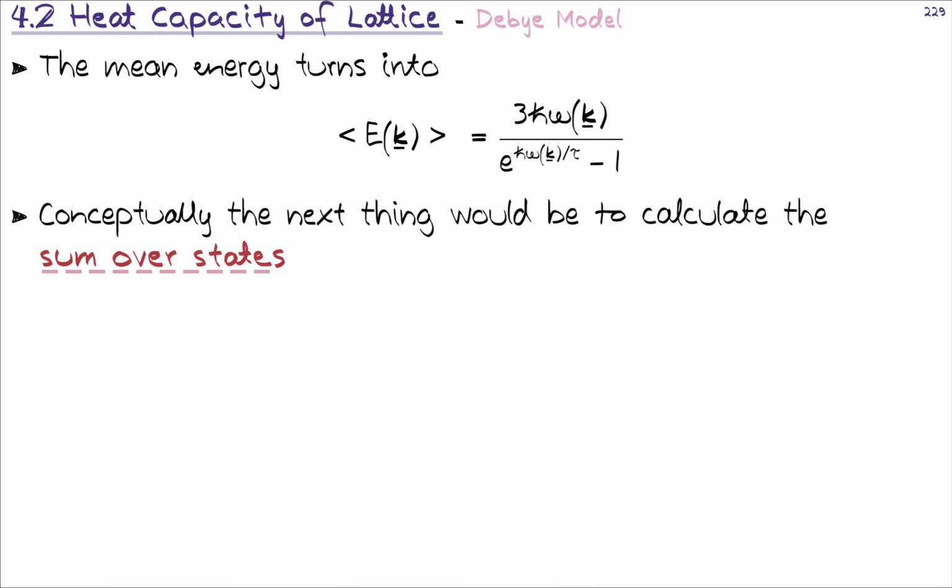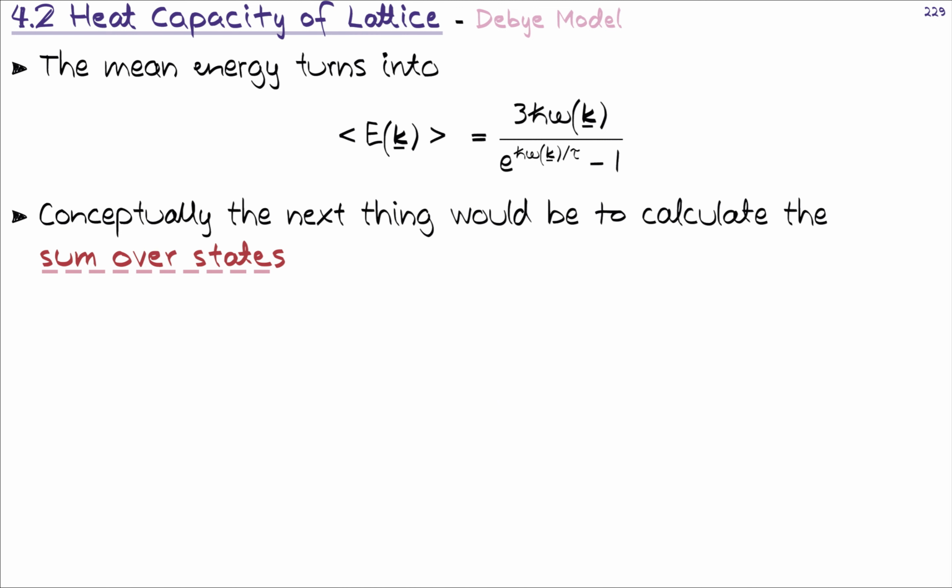And conceptually, what we should do here is calculate a sum over states, because even though we have a very densely spaced k distribution, because of the periodicity of our lattice, it's a dense lattice, so the k points are very, very densely spaced.